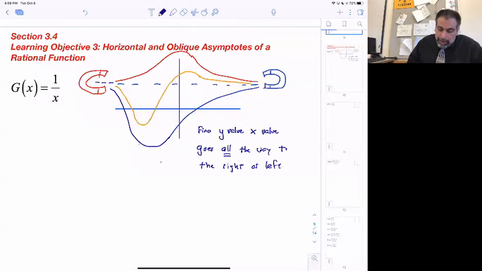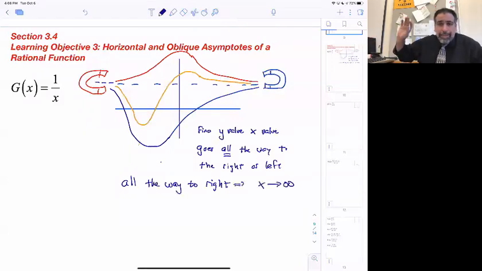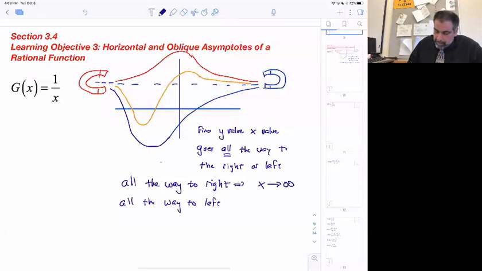When we say all the way to the right, all the way to the right means as x goes to infinity. The biggest values you got, all the way at the end of the line, x is going to infinity. All the way to the left means as x goes to negative infinity.